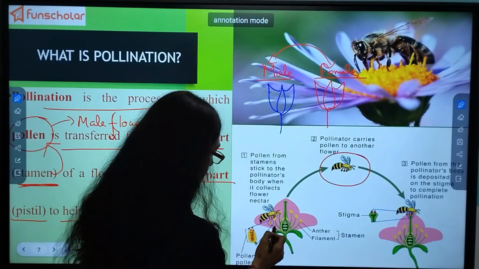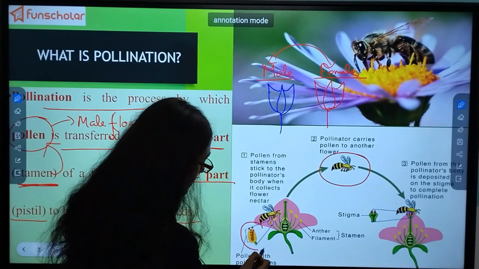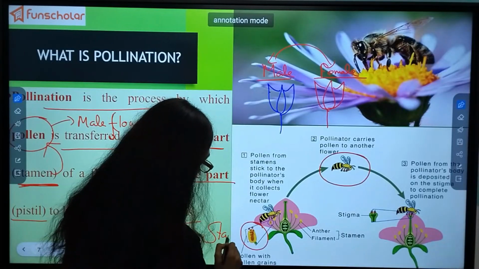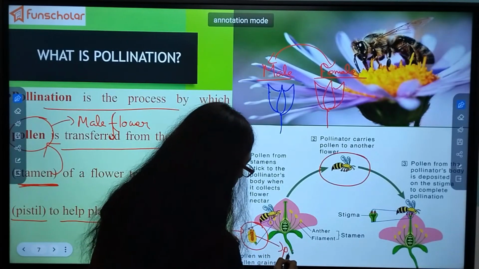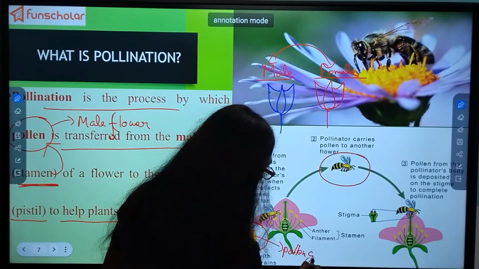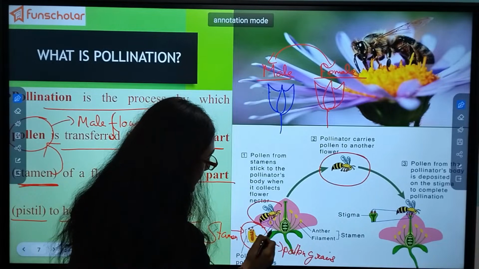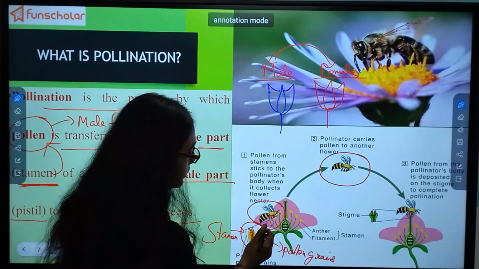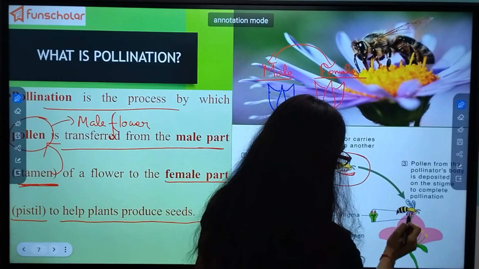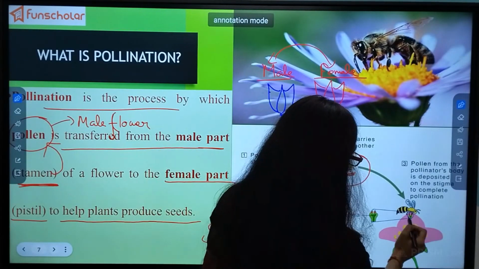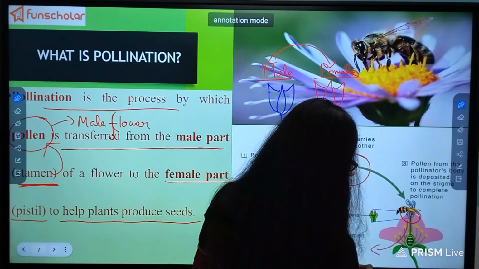See, this flower has what? Pollen grains within the stamen. This is the stamen. The stamen produces pollen grains. Now see, while the insect is taking nectar from the flower, the pollen grains stick to its legs. And when it comes to the female part, it deposits the pollen grains, from where ultimately the seed is formed.